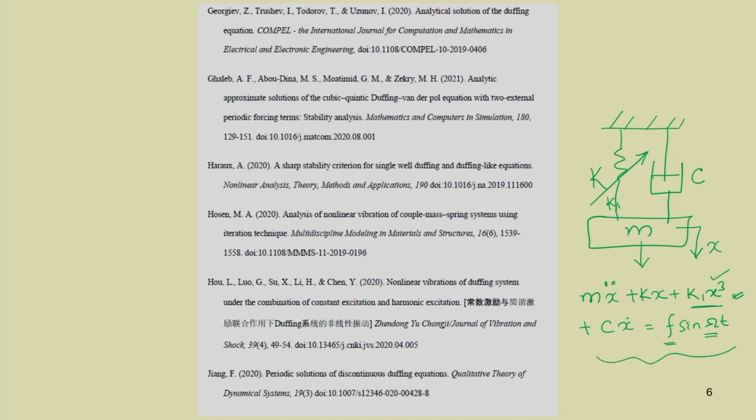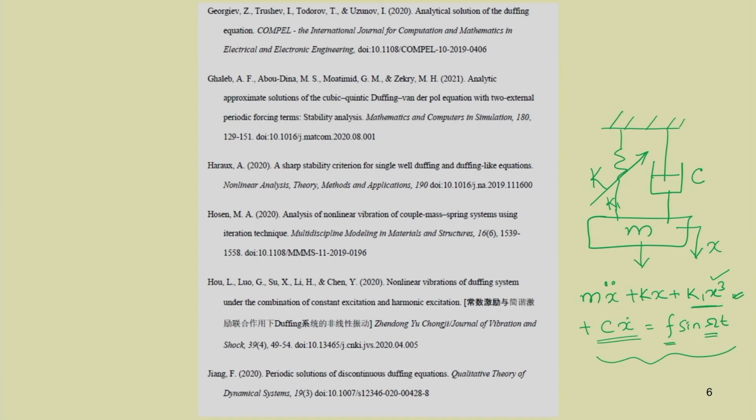If the forcing F is equal to 0, then this is the Duffing equation for free vibration. If the damping term is also neglected, that is, the damping factor c is taken to be 0, then the equation reduces to m x double dot plus k x plus k1 x cube, that is an undamped Duffing oscillator.